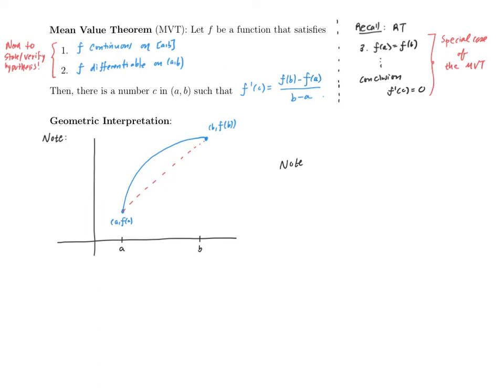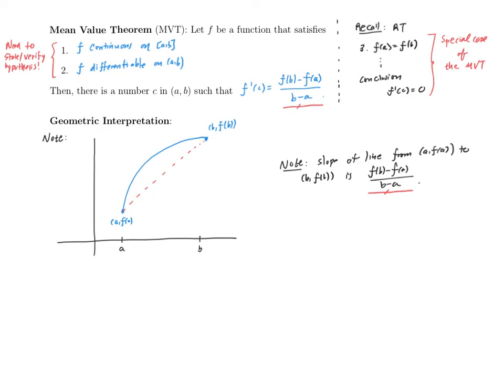Exactly. The slope of the line from (a, f of a) to (b, f of b) is rise over run, and this f of b minus f of a over b minus a is precisely that quantity that appears in the conclusion of the mean value theorem.